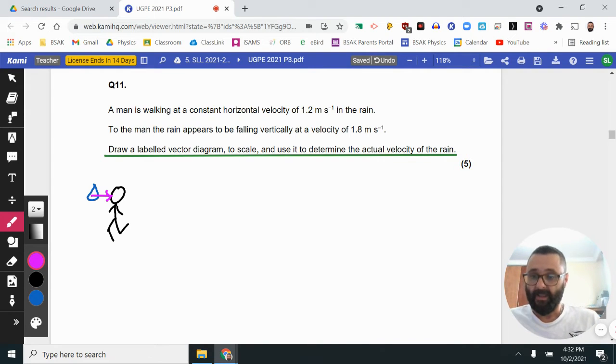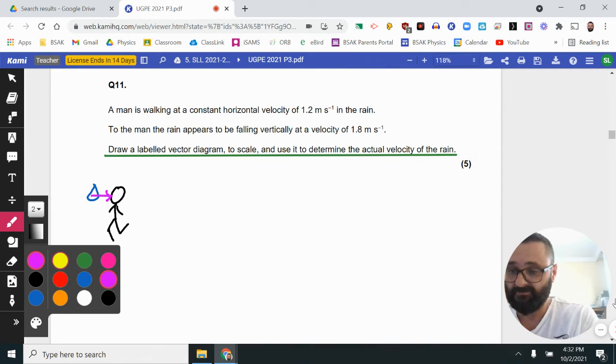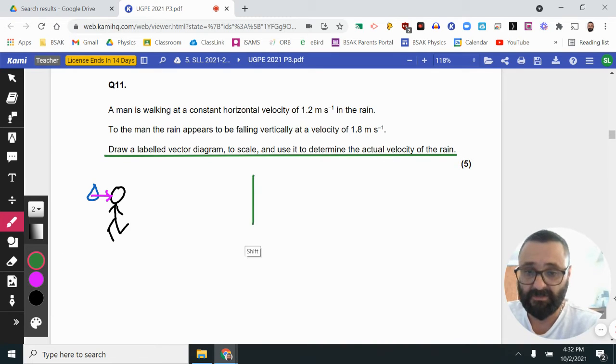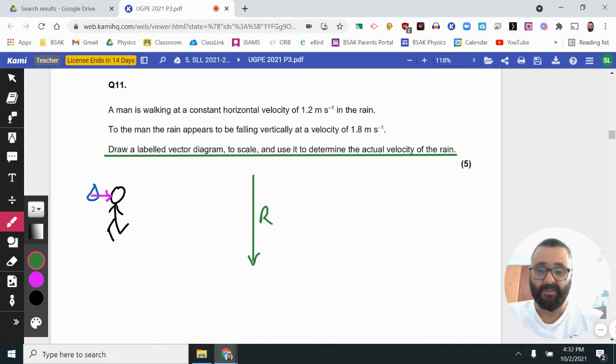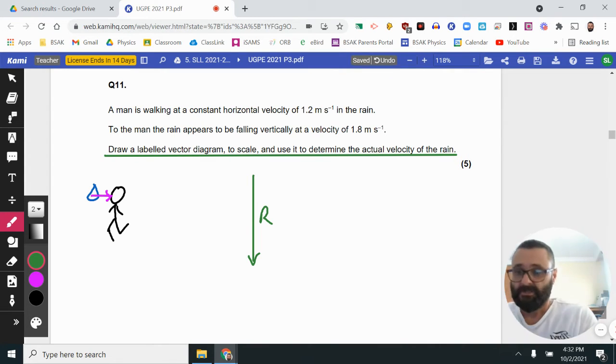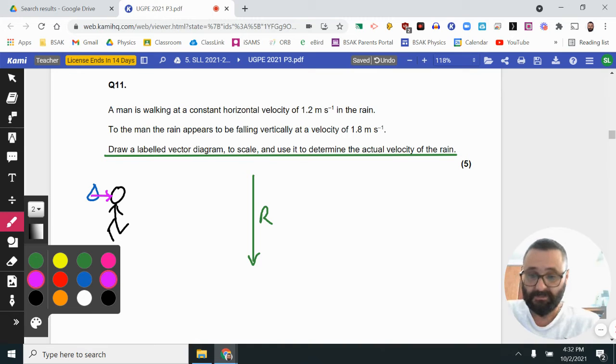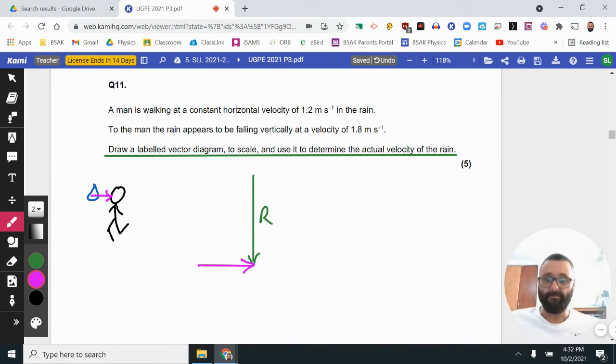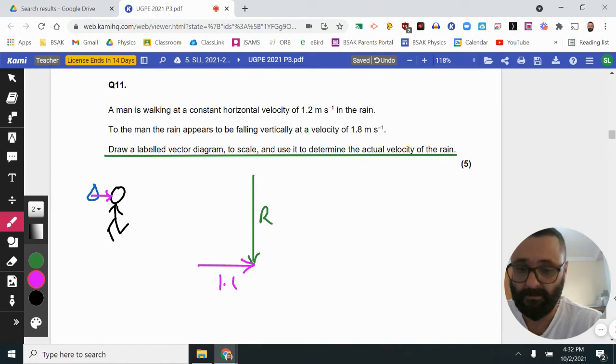Now it appears as though it's falling vertically downwards. So again, we're just trying to map it out in our head more than anything here. So the resultant velocity of the rain is vertically downwards. As we can see, there's two components. There's the component due to the man walking, which is 1.8 meters per second.